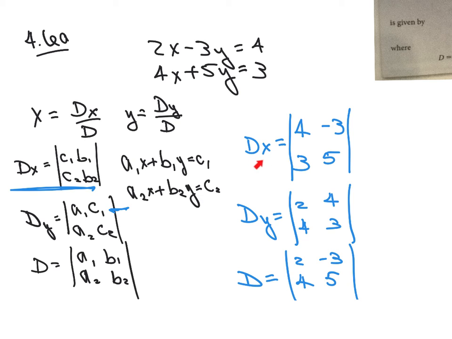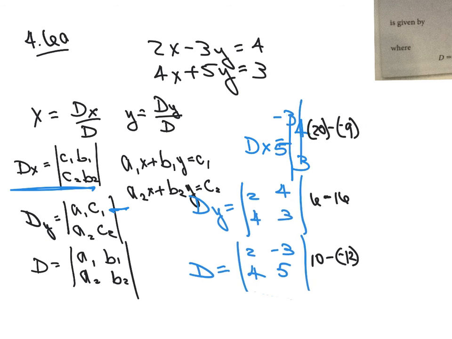So for my Dx, I'm going to do 4 times 5 minus -3 times 3. Okay. For Dy, I'm going to do 2 times 3 minus 4 times 4. And the D, I've got 2 times 5 minus -3 times 4.